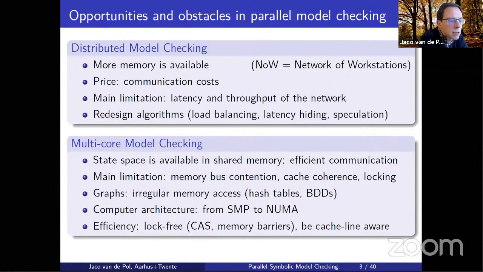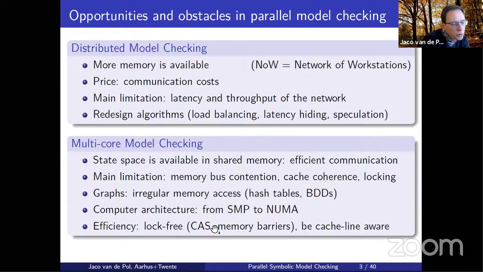Also, binary decision diagrams rely on hash tables. And in hash tables, you have a quite irregular access pattern to the memory. So this means that you access a location, then the next access to memory is a completely different location. So the local caching doesn't help you a lot.